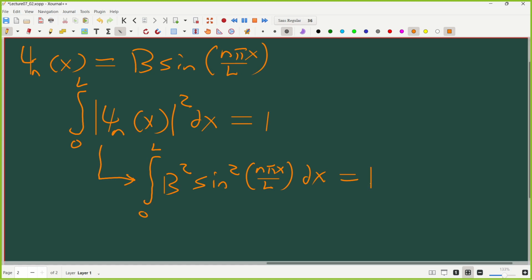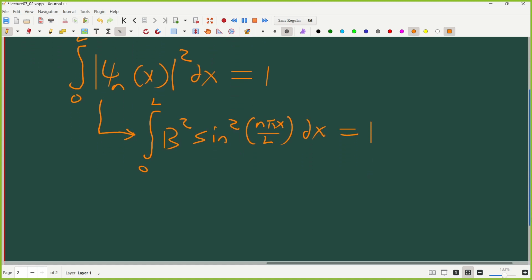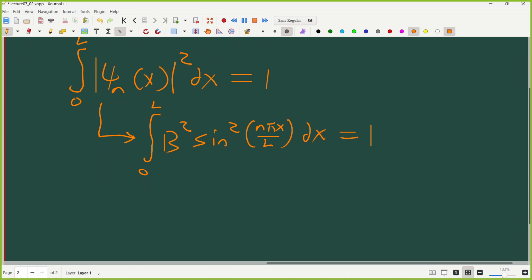Okay, so let's do a little bit of simplification to do this integral. I'll pull up a table near the end of class. In this class, we're going to have a lot of integrals of the same style. In fact, in particle in the box, everything can be sines and cosines.